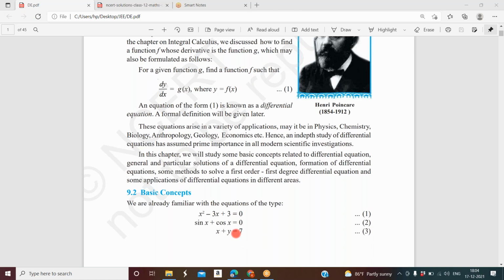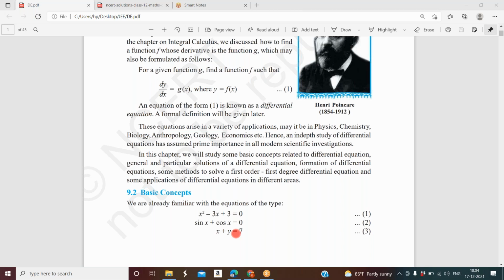It is an equation. So any problem, we can write it as an equation. We can represent it mathematically as an equation. Once you represent it mathematically, then we will be able to solve it easily. Otherwise, we cannot solve the real life problems.